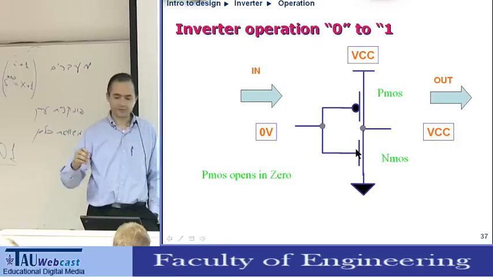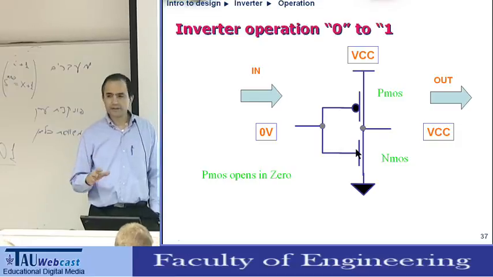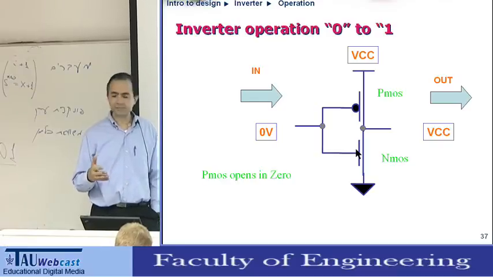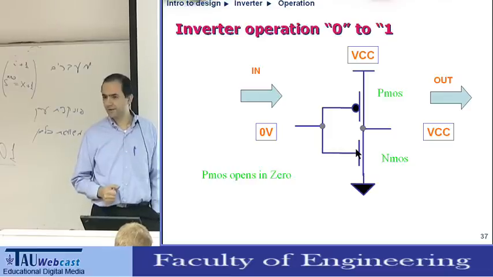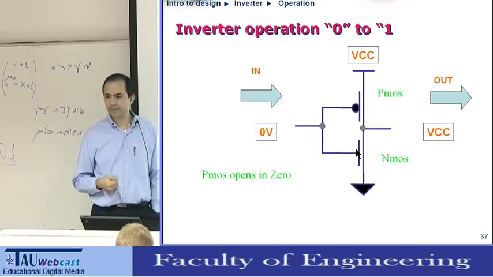By the way, it's not really zero because there's leakage, but all the power consumption will be done during switching, and there will be no or almost no power consumption during standby. So this is the reason CMOS was able to be the prominent technology. Okay?